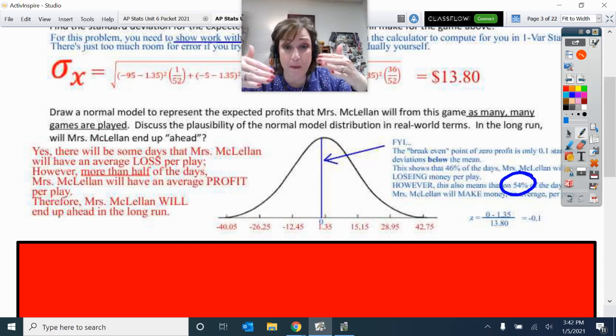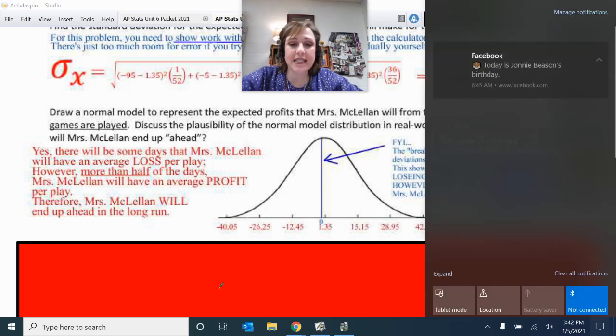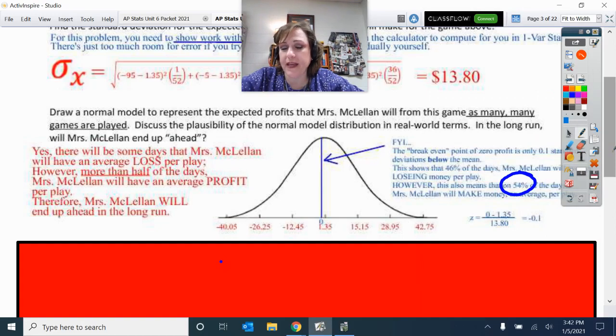I'm going to be making a profit. And you may say, oh, that's not really that big of a deal. It's 54, it's barely more than half. It doesn't matter. It's more than half. So then I am always, in the long run, going to be ahead of the game. So it's worth it to me because only 46% of the days I will lose. And that's kind of what is happening with the gambling.